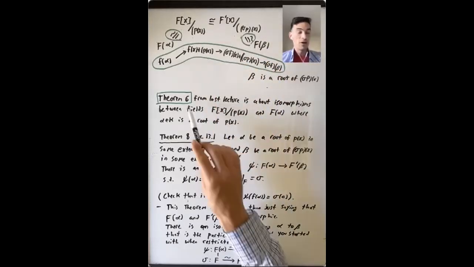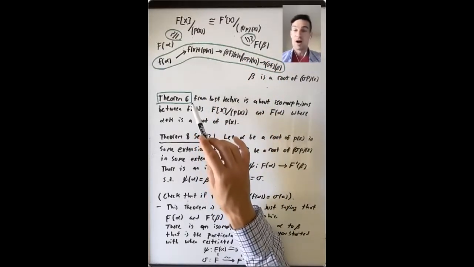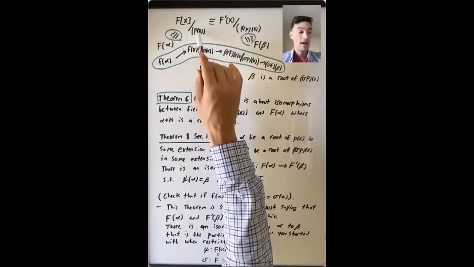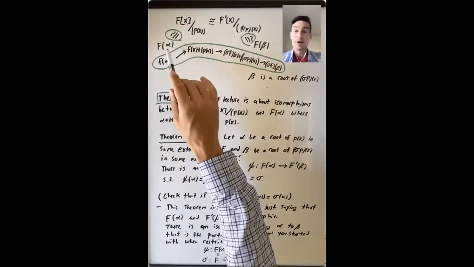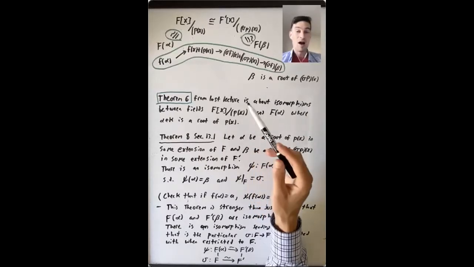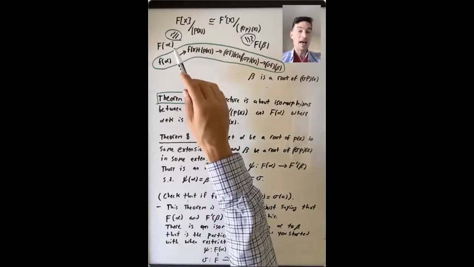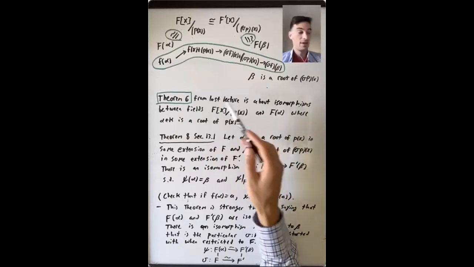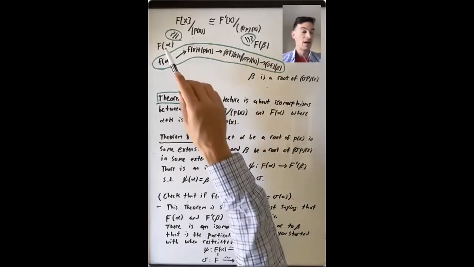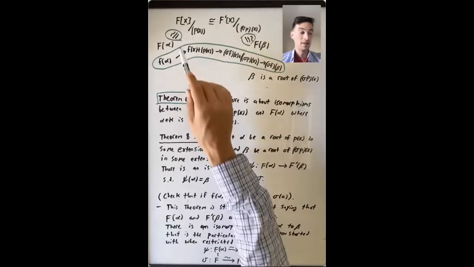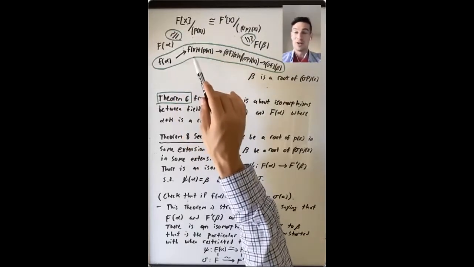So theorem 6 from last time was all about isomorphisms between fields that look like this one and fields of the form F adjoin α, where α was some root of the polynomial p(x) that was contained in some extension of F. So theorem 6 from last time tells us that F adjoin α is isomorphic to this field.